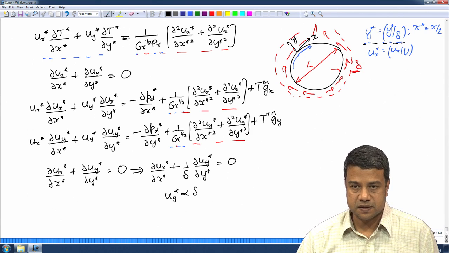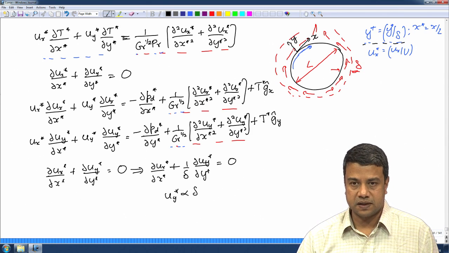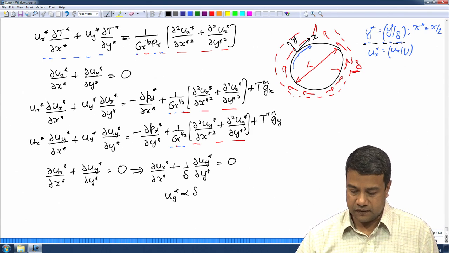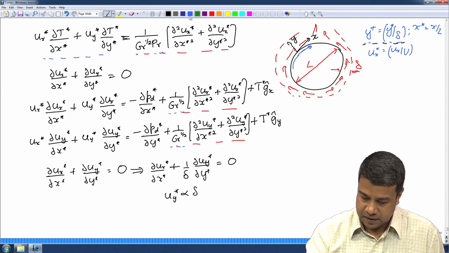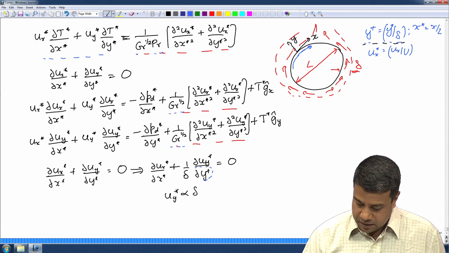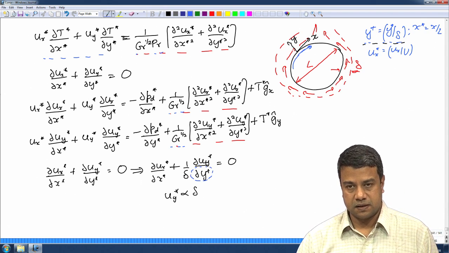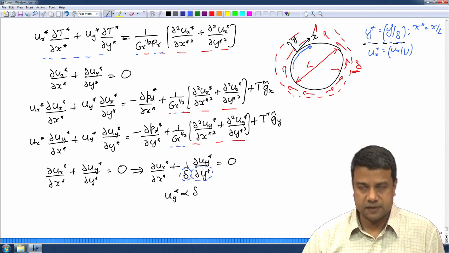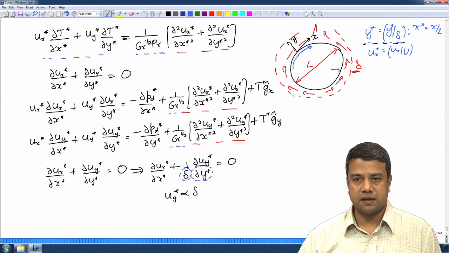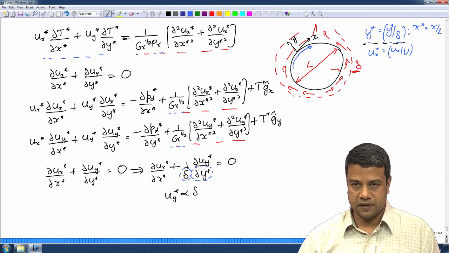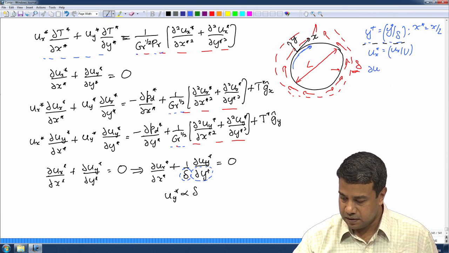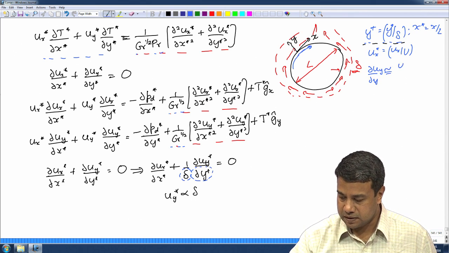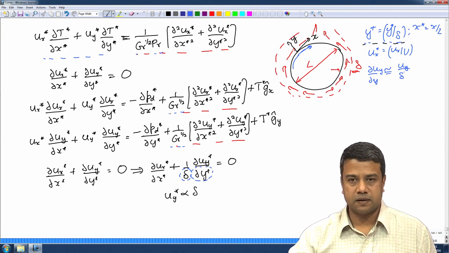Since the boundary layer thickness is small, the velocity has to decrease proportional to the boundary layer thickness, because the characteristic length scale is the boundary layer thickness, and the gradient is equal to the dimension of the velocity divided by the characteristic length scale. So, partial uy by partial y has to go as uy by delta.